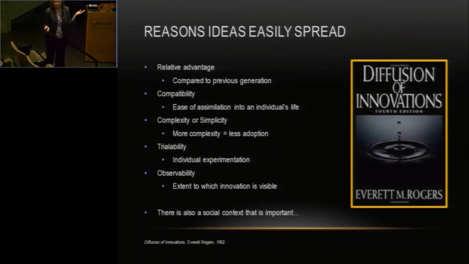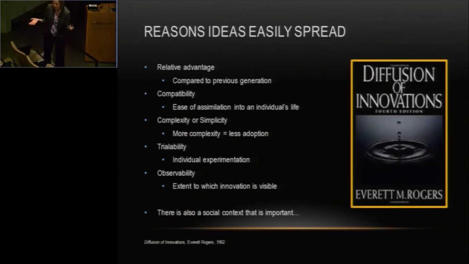They have a relative advantage compared to what was done previously. If you can demonstrate that advantage, then your idea is going to spread. Compatibility. So if you pitch an idea to somebody and they can see it fitting within their workflow, they're going to do it. Complexity or simplicity. The more complex it is, the less likely we are to adopt it.